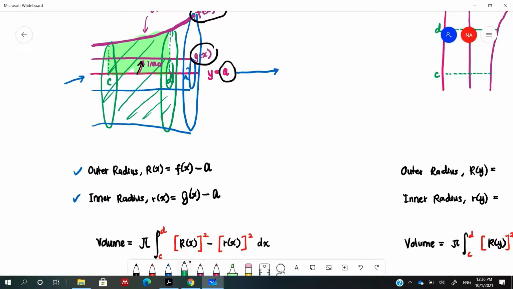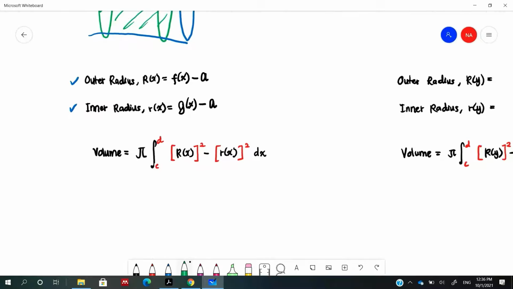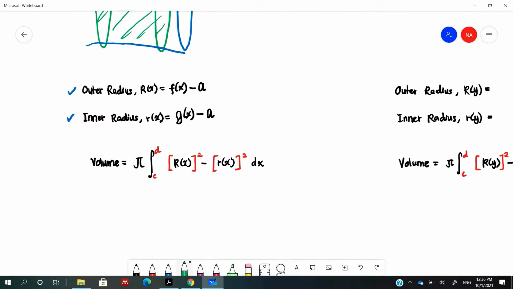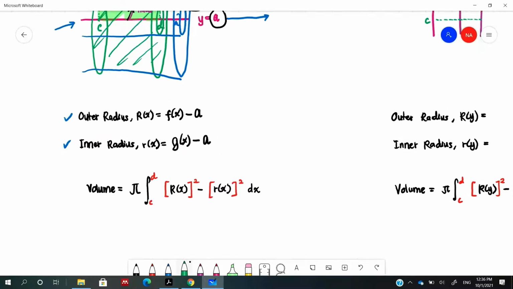So we integrate from c to d of R(x) squared, the outer radius squared, minus r(x) squared, the inner radius squared, with respect to x, in terms of x.